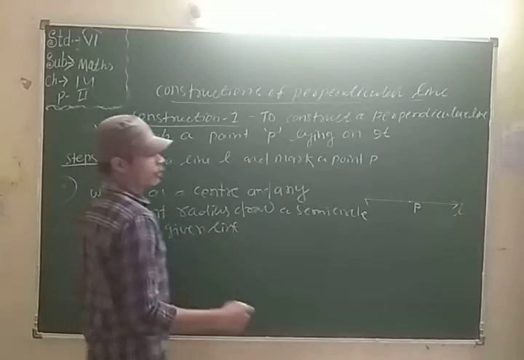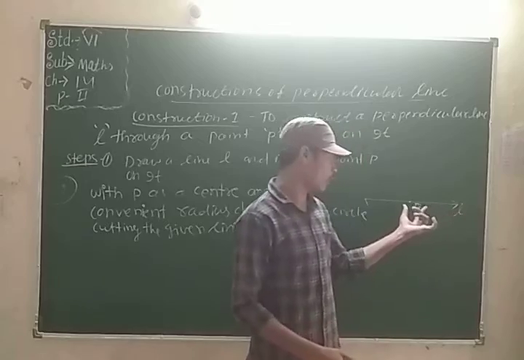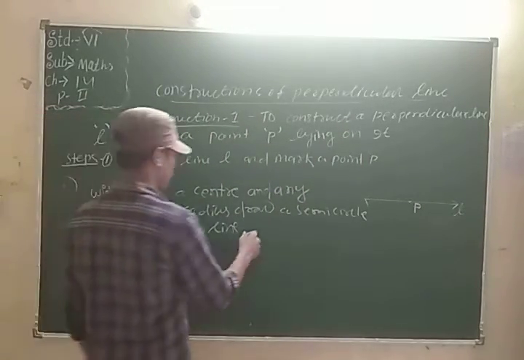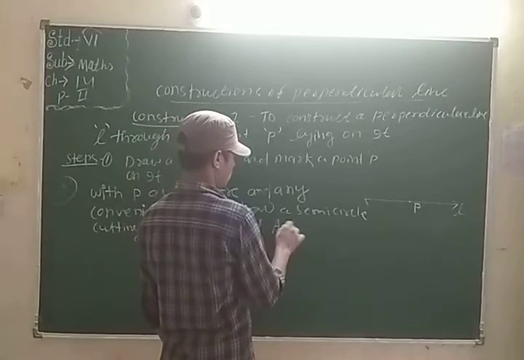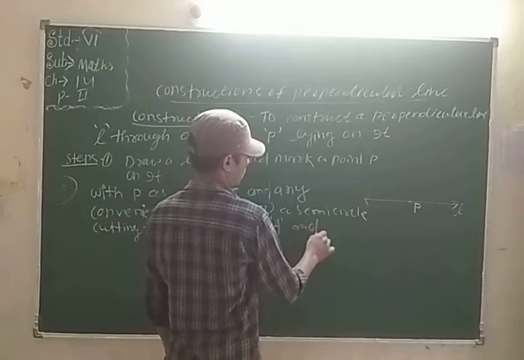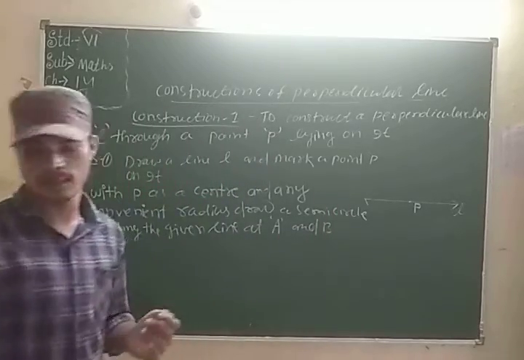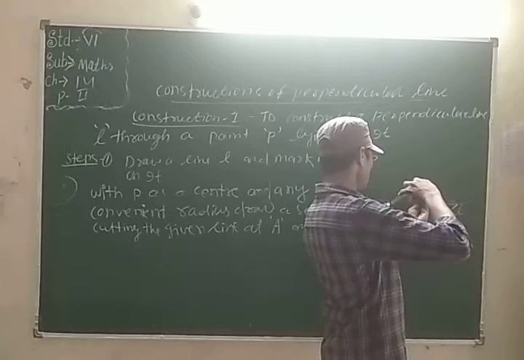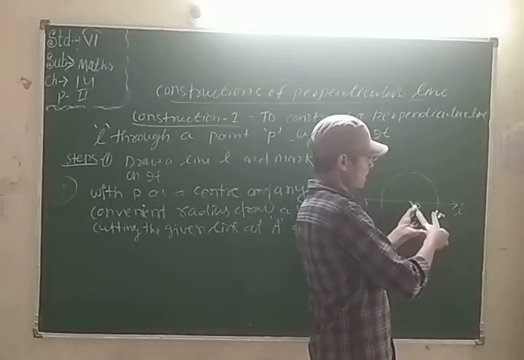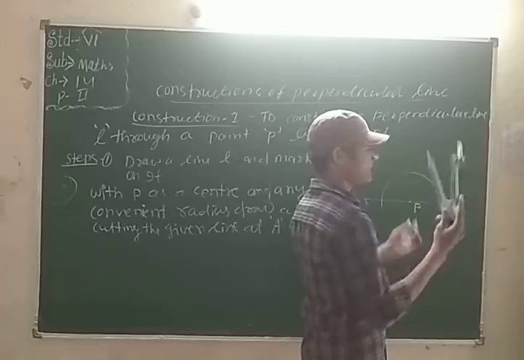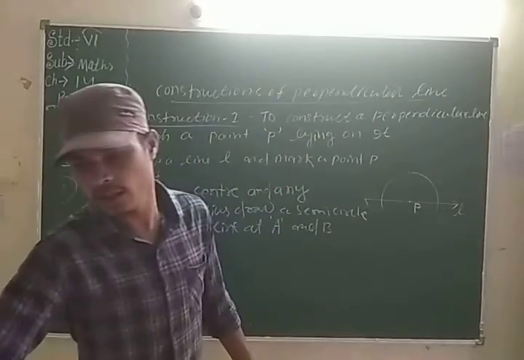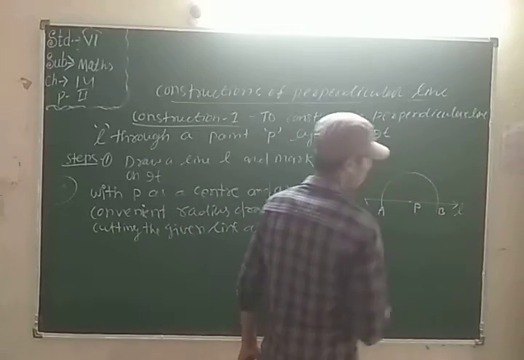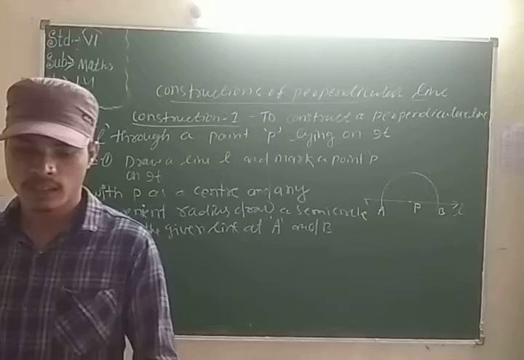When we draw a semicircle, both sides cut the given line at A and B. According to the second step, we take any arc of radius, put it at the center and draw a semicircle like this, cutting the line in two points. One is A, another is B. We got the other points, A and B.